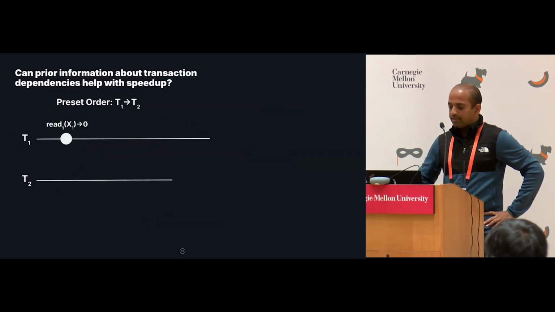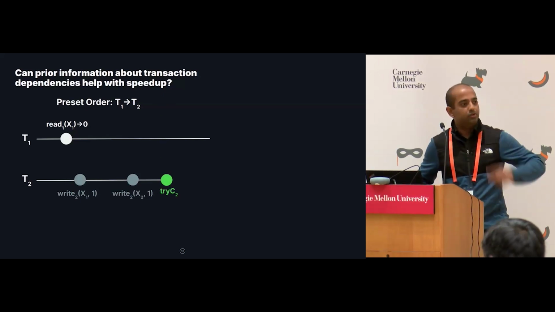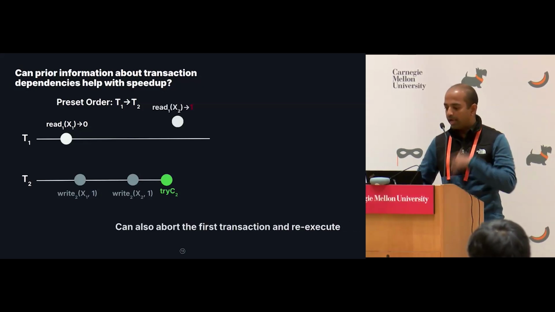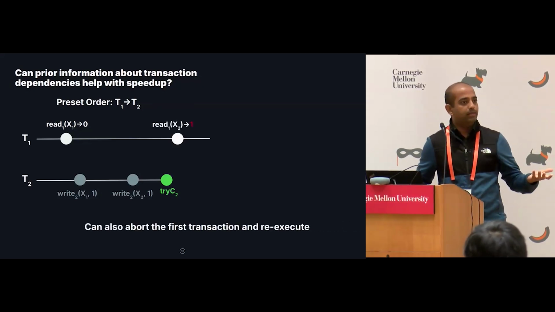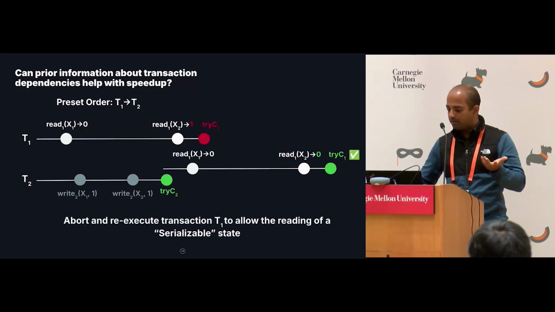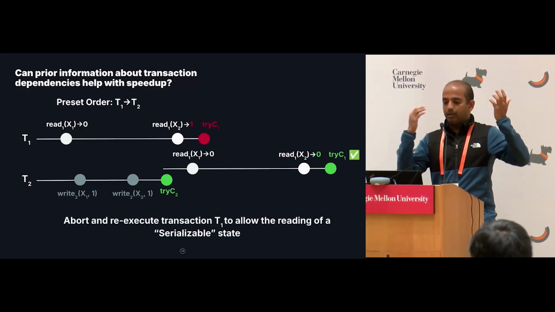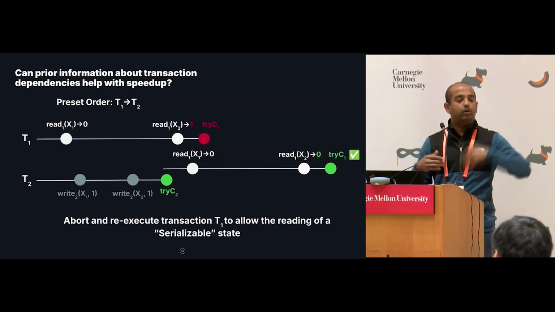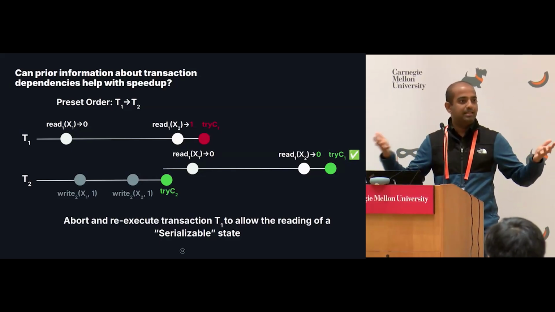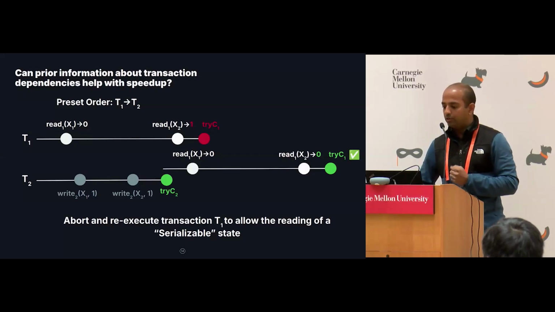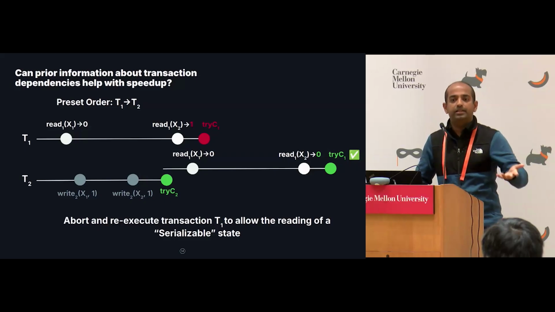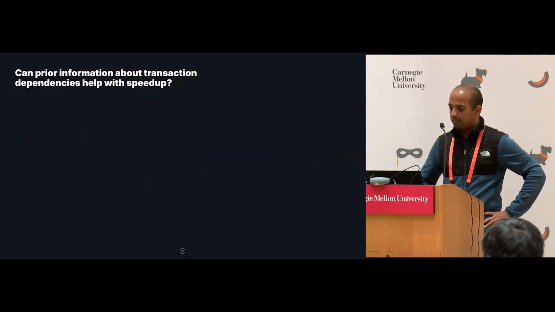So the question we are asking is: this sounds like a scenario where, if transaction T1 had information about the fact that there was a dependency with transaction T2, I could have avoided it simply by having transaction T1 be aware that transaction T2 is going to perform a concurrent write. I could have kept additional state of all the versions that exist, and when transaction T1 performs the read of X2, it would simply return the initial value, because that would perfectly justify the legality of the read.